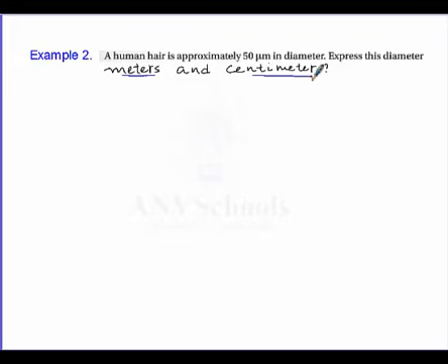So let's see what the given length is. The diameter is equal to 50 micrometers. We are asked to express this diameter in meters and centimeters. So here what you have to do is know the meaning of micro.